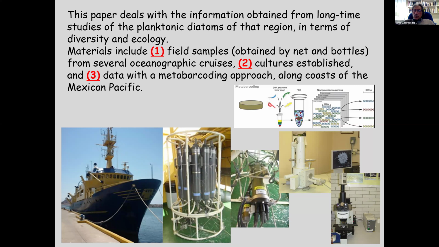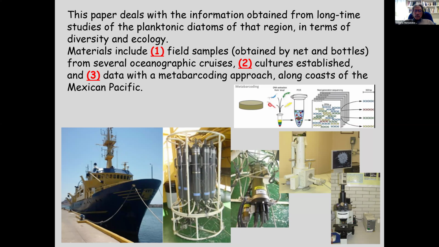The materials I'm going to show were obtained from field samples with both net and bottle in many different oceanographic cruises. And we have also established different cultures of planktonic diatoms. And we have been trying to understand the diversity through a metabarcoding approach along the coast of the Mexican Pacific.